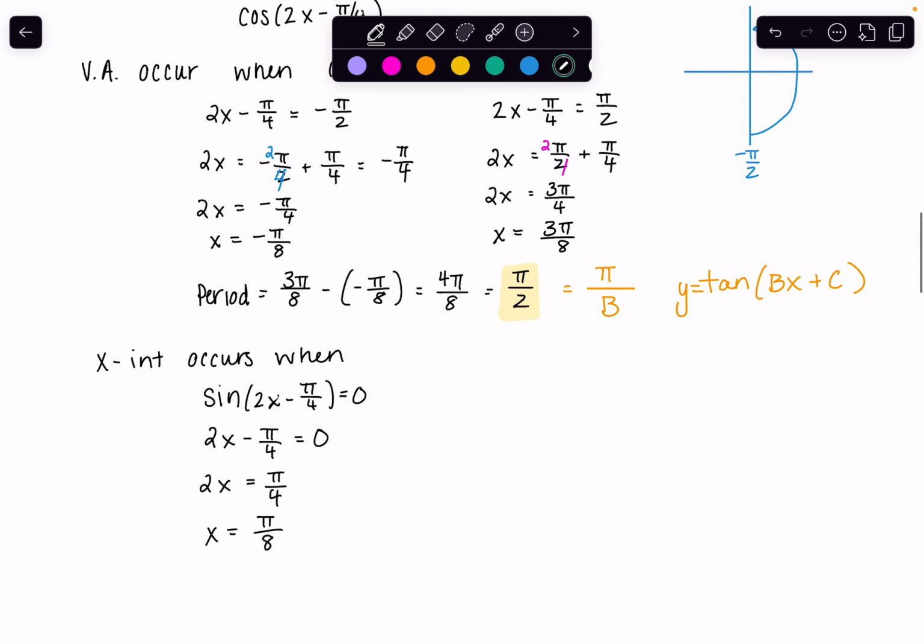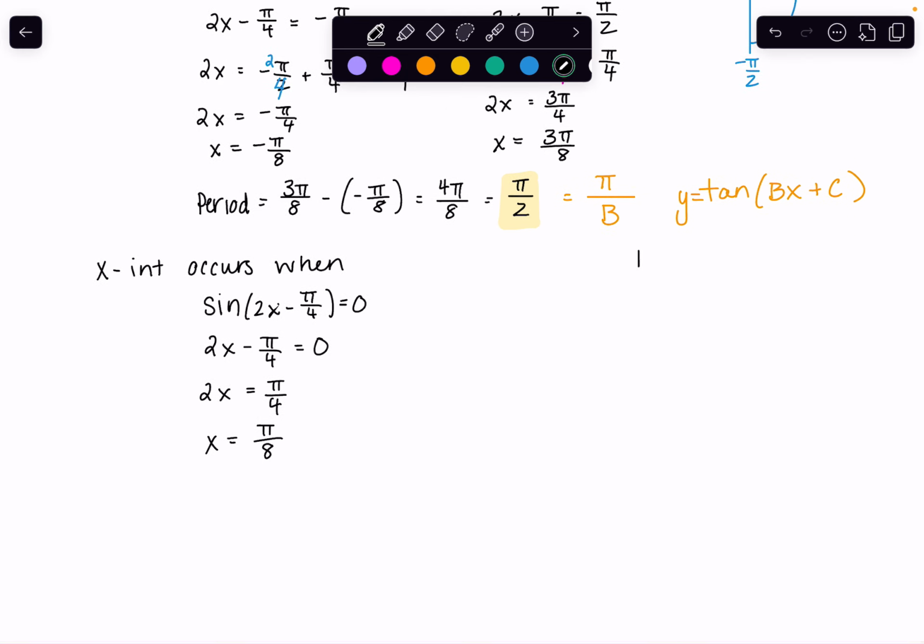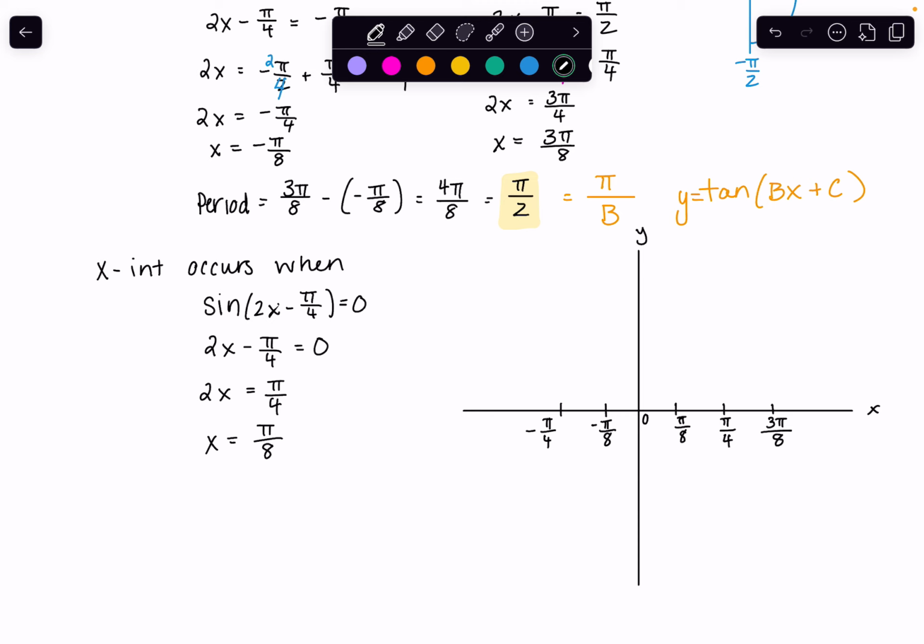Okay. So I have everything I need now to get a picture over one period. My first key number is negative pi over 8. And so just to give you some idea, if this is negative pi over 4, negative pi over 8 would be here. This is 0, positive pi over 8, positive pi over 4, which is 2 pi over 8, and then positive 3 pi over 8.